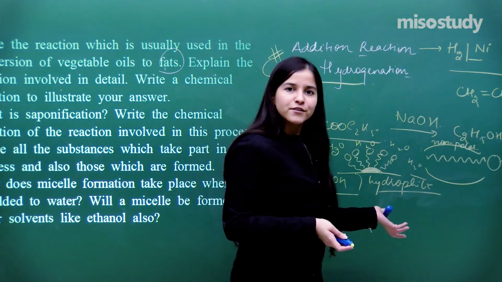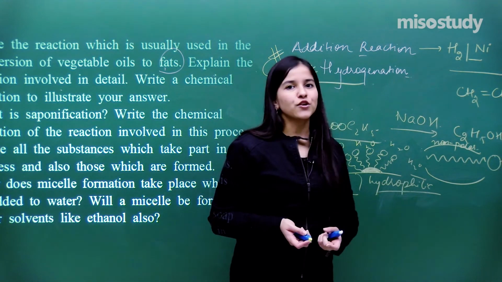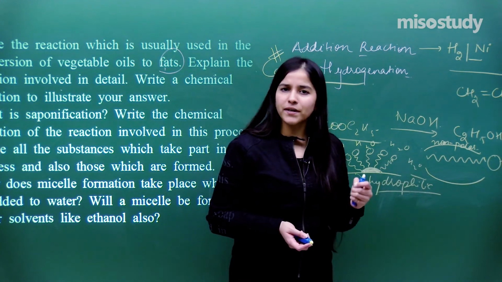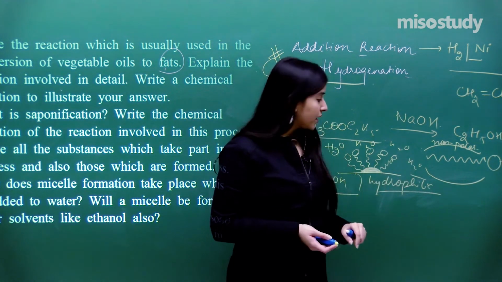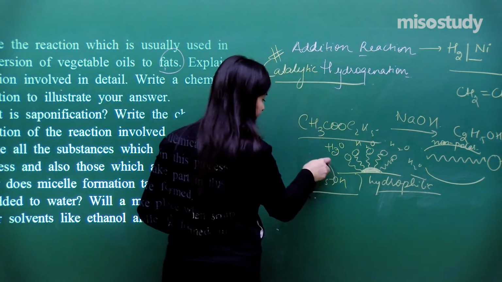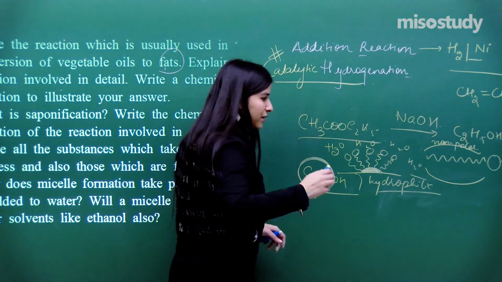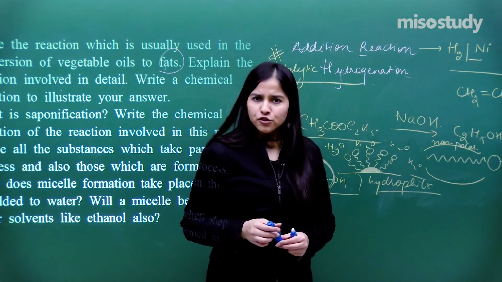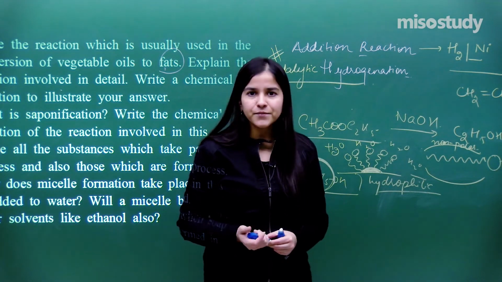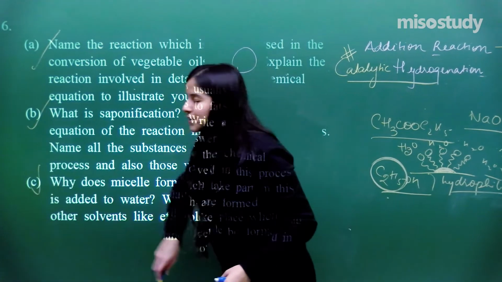They have become friends also. So in the case of ethanol also, I can have the similar process, but it can be a little slow. Why? Because it has got a non-polar part, a similar kind of carbon chain as well. So the process may be a bit slow. Fine? Okay. So that completes part C as well.